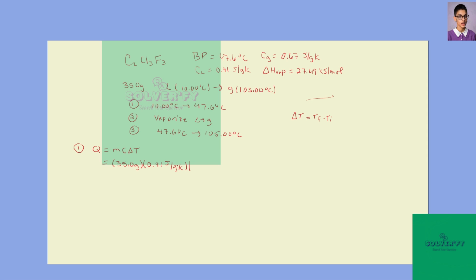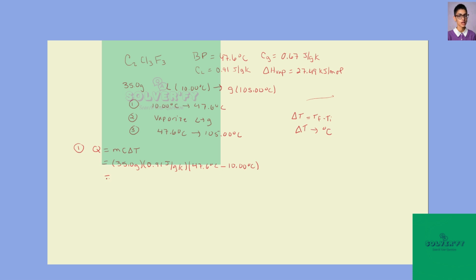Now, this is per Kelvin, but the size of a Kelvin degree is the same as the size of a Celsius degree. So if you were using absolute temperature, you would have to convert to Kelvin. But since we're doing a change in temperature, we can actually do that in degrees Celsius. It'll be the same as a change in temperature in degrees Kelvin. So I'm going to say 47.6 degrees Celsius is my final temperature minus the initial temperature of 10 degrees Celsius.